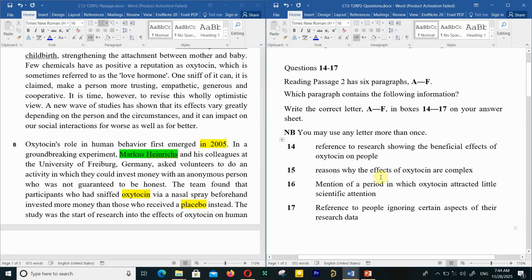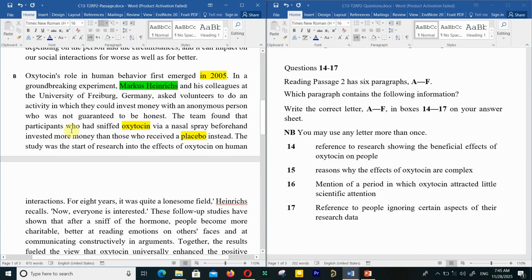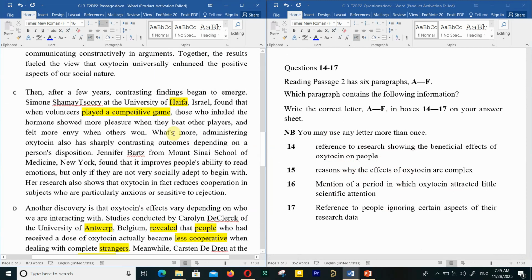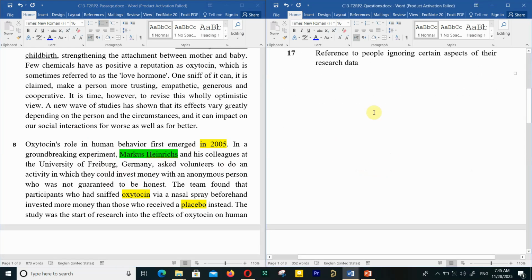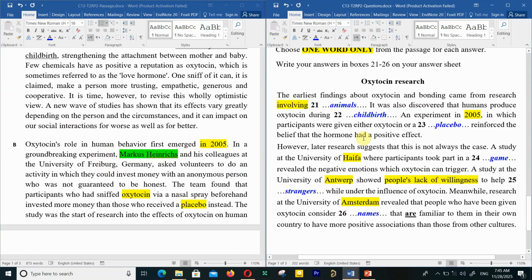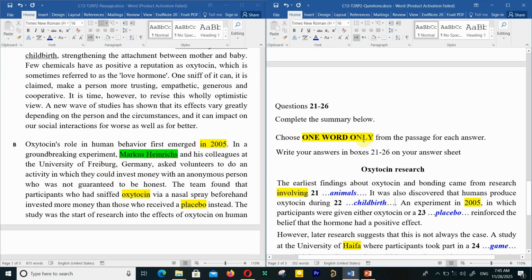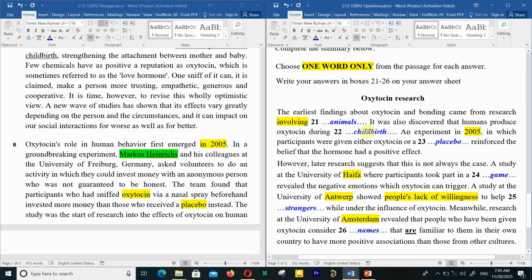So probably you are going to choose the paragraph where I found my answers, and maybe some of these paragraphs are the answer for this one. Okay, we're going to look at it at the end. Okay, now relating to this summary.